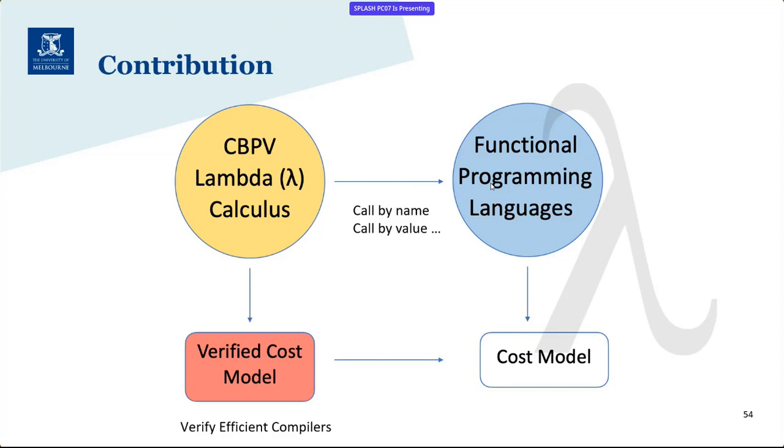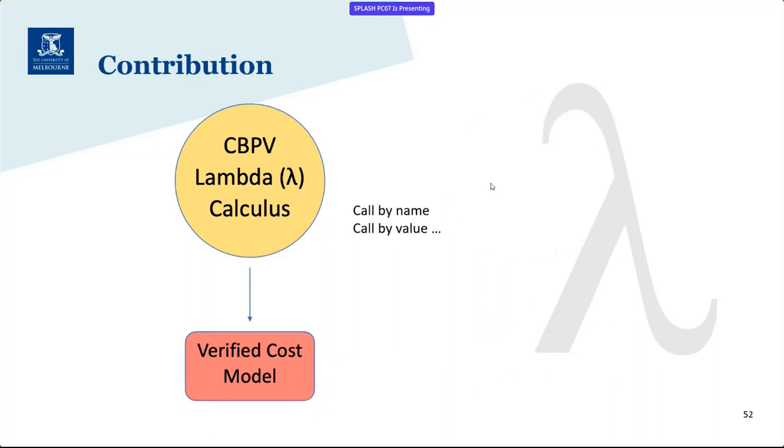Maybe this is a comment rather than a question. As far as I understand, the original call-by-push-value calculus can model call-by-value and call-by-name, but not call-by-need. I saw a paper about an extension of call-by-push-value to model call-by-need.